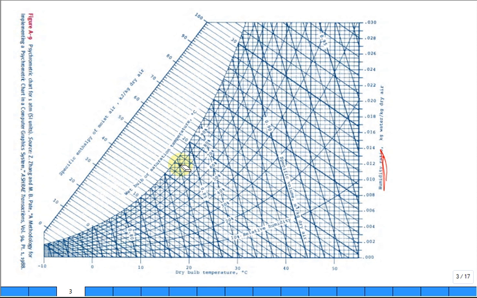If I said, here's a state right here, how would you find the dew point temperature for that state? Conceptually, cool it without changing the humidity ratio until it can't be cooled any further without dropping humidity ratio. This temperature right here, you can come down and read it, is the dew point temperature.